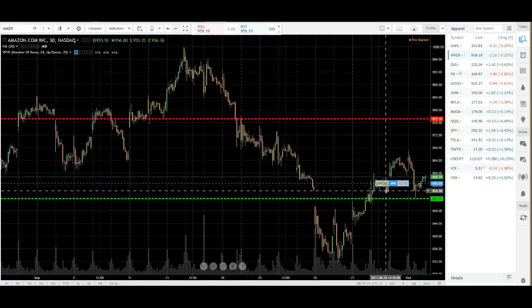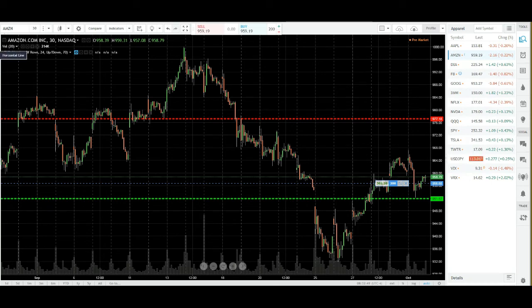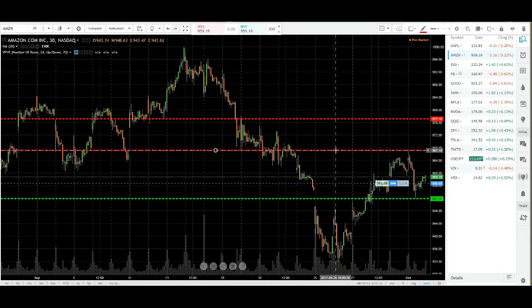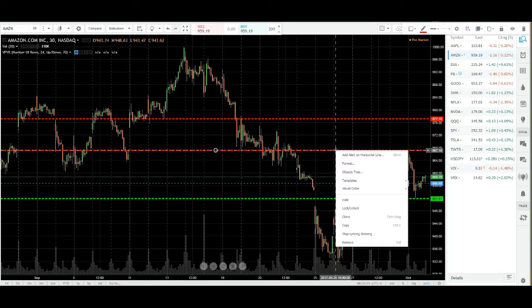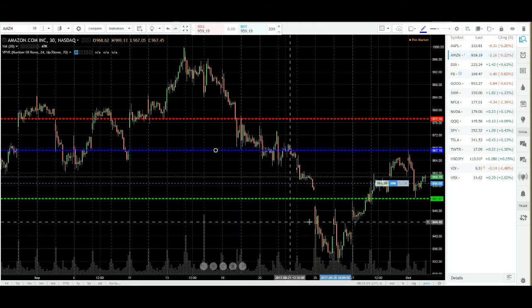Target on that trade is, obviously, I'd like to sell it up here, but we do have some liquidity sitting up at this level that I would watch very carefully. If we do get to this level up here, I would be interested in possibly taking that off the table.